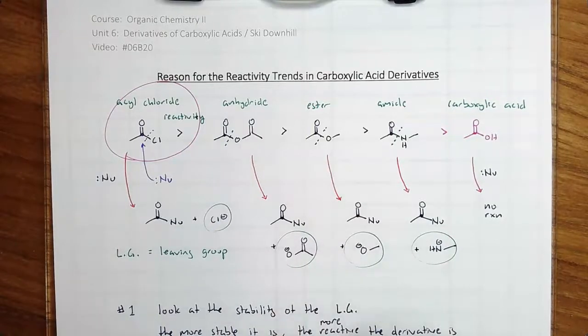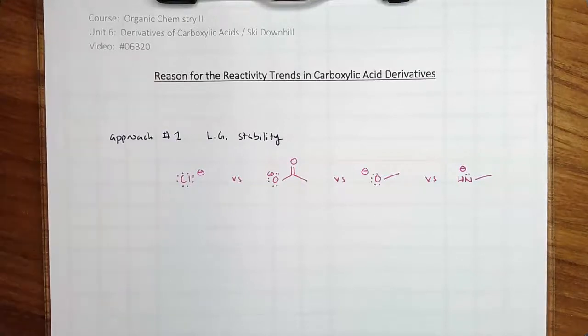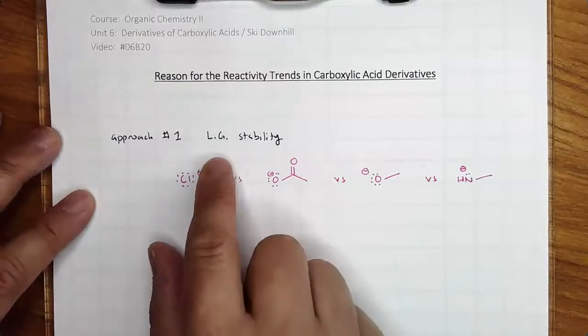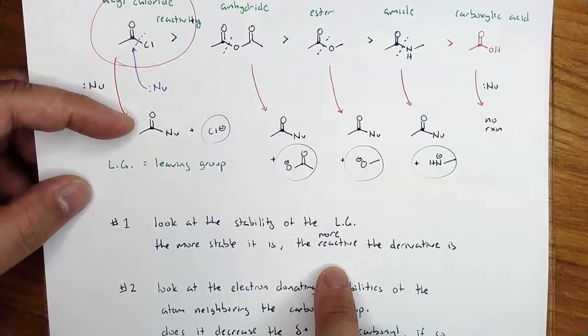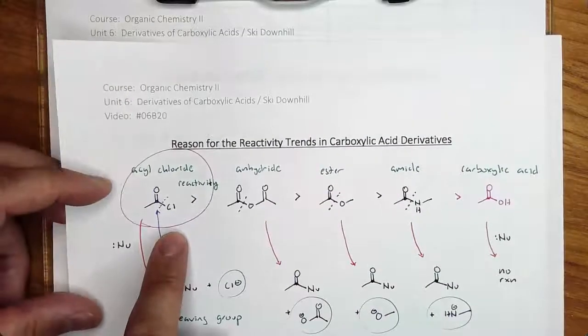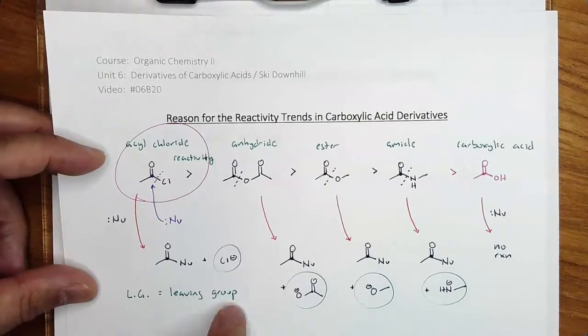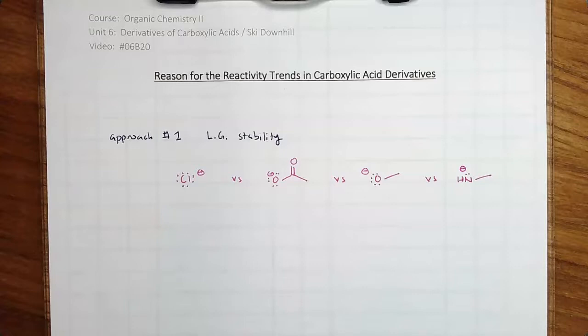Let's consider the first approach, where we look at the stability of the leaving group. The more stable the leaving group, the more reactive the derivative is. So based on this trend, we would predict that the chloride is the most stable leaving group out of these four. But we should try to explain that.